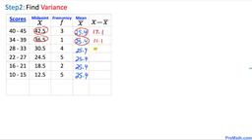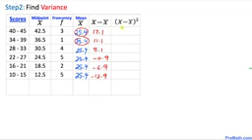Likewise, we're going to get 5.1, negative 0.9, negative 6.9, and finally negative 12.9.